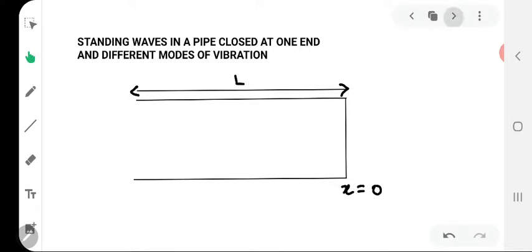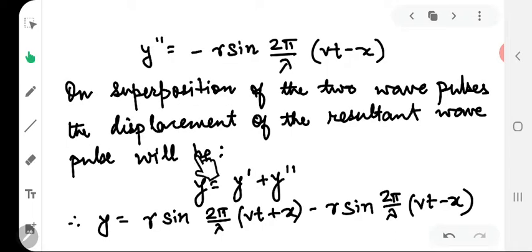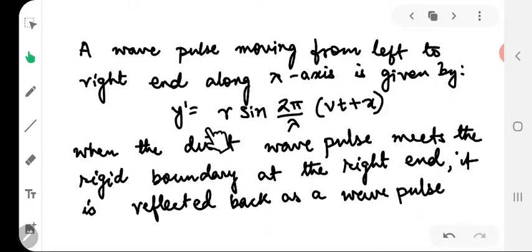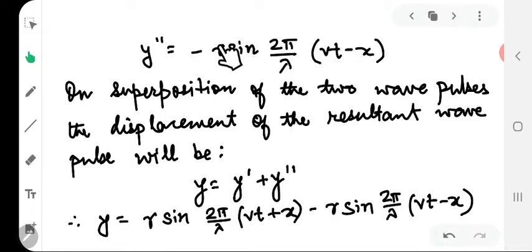And now the reflected wave shall be given by y double dash equal to minus r sine 2 pi by lambda (vt minus x). So now on superposition of the two wave pulses, we can get the displacement of the resultant wave by using the superposition principle, which is y equal to y dash plus y double dash.